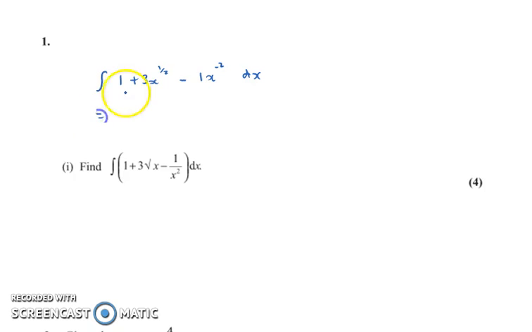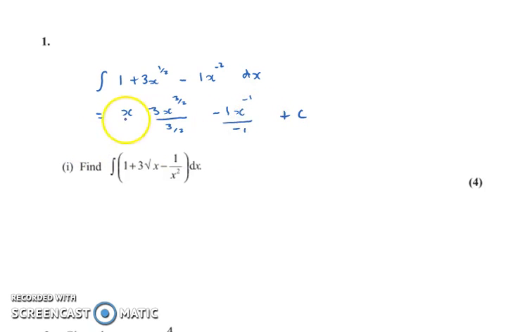And when we integrate, we add 1 to the power and divide by that power. If it's just a constant, it's just going to be x. Then we've got 3x, add 1 to the power, 3 over 2, divided by 3 over 2, minus 1x to the minus 1, divided by minus 1, add c.